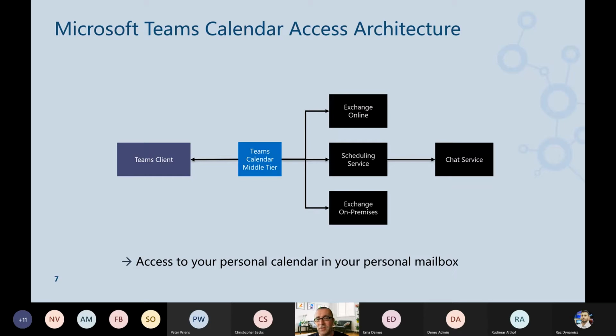And they connect to something called the Teams calendar middle tier. This again then connects to Exchange Online, Exchange on-premises, or to the scheduling service, which provides other functionality. But again, it's all about connecting to your personal mailbox.